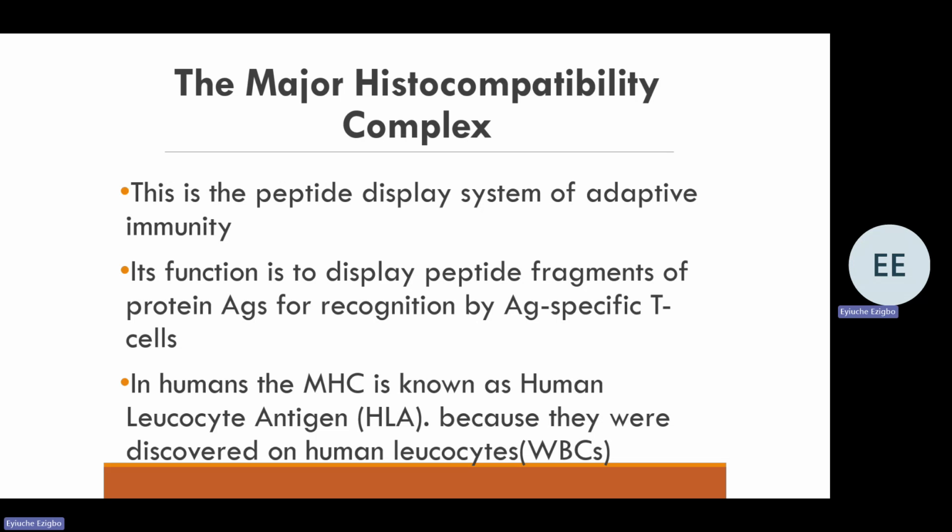In humans, the MHC molecule or the MHC complex is known as the human leukocyte antigen, HLA. This is because they were discovered on human leukocytes. So the HLA complex is basically a complex that presents antigen to the immune system, especially the T cells, for recognition.